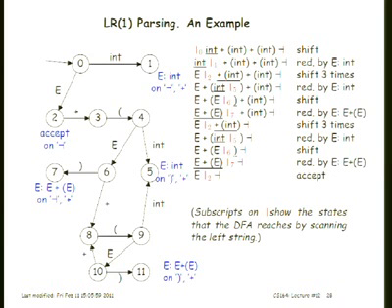And it also helpfully tells me that I should do that if the next character of input is either a plus or an end of file. Okay, so since the next character of input actually is a plus, I will do the reduction that it says right here, E goes to int. I will do it on the stuff immediately to the left of the bar, giving me this situation here.